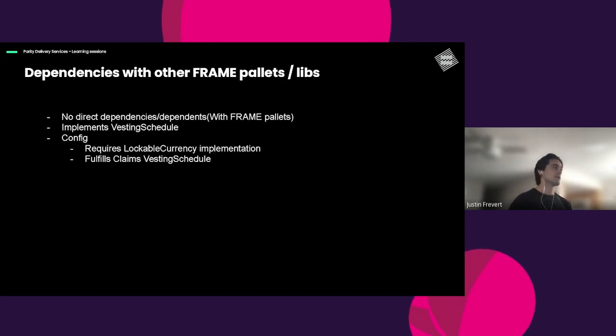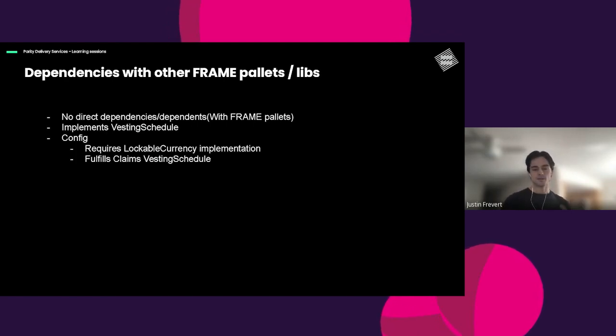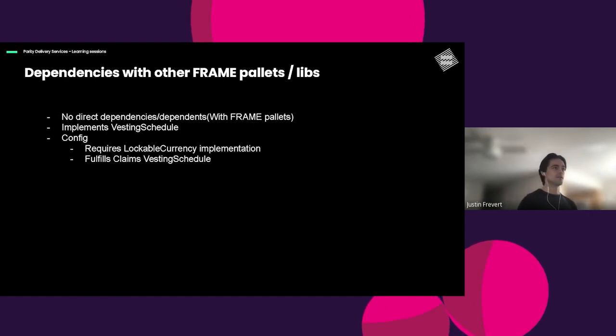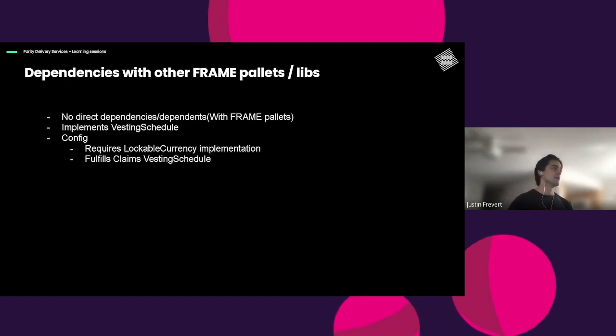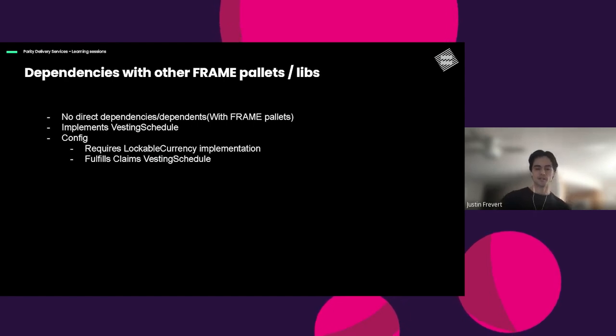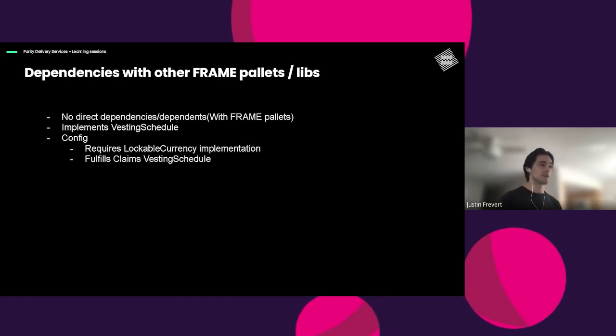So we can talk about its relationships with other components in FRAME. There are no direct dependencies or dependents within its actual Cargo.toml, so we can move on to some of the other relationships. It implements VestingSchedule, which is a common trait that's just used in FRAME to define vesting schedules.